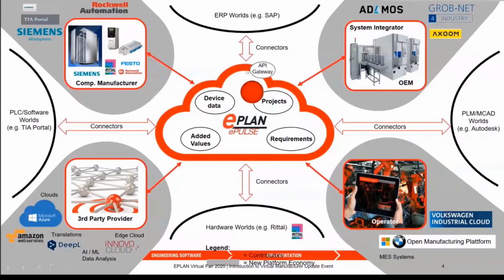On the upper left side, you might see maybe yourself already, because this is the topic closely related to the ePlan Data Portal. We already have the possibility to integrate manufacturers' software into the EDP. A good example is a configurator from Rittal, for example, but also from Schneider Electric.